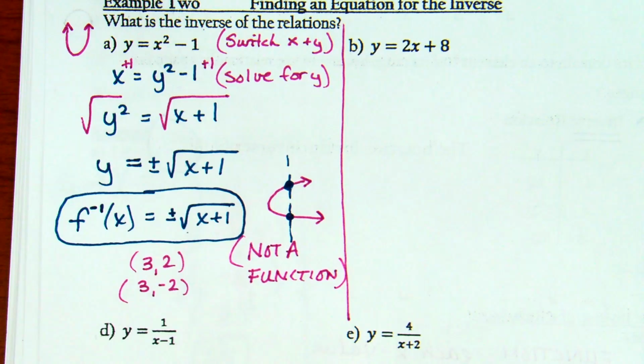y equals 2x plus 8. First of all, before I get started, can you visualize what y equals 2x plus 8 looks like? What form is this? This is y equals mx plus b, yes?